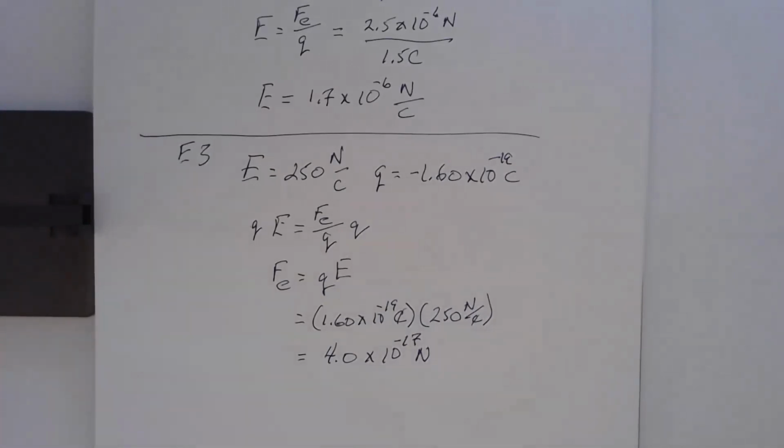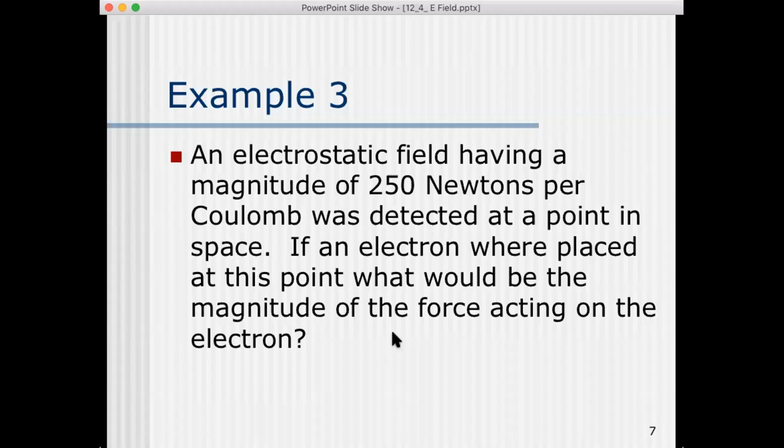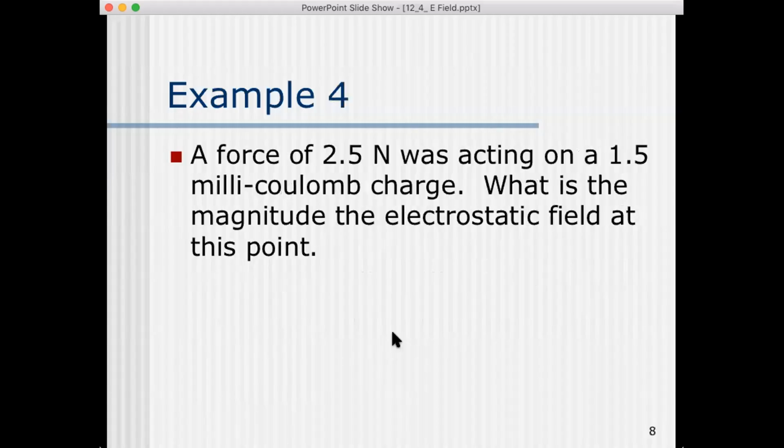Now, let's go back. We're going to take a look at another one. Notice now that there's a force of 2.5 newtons acting on a 1.5 millicoulomb charge. What is the magnitude of the electrostatic field?